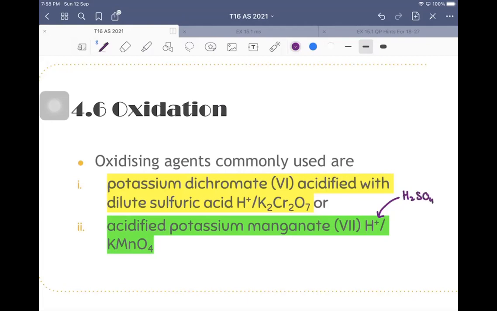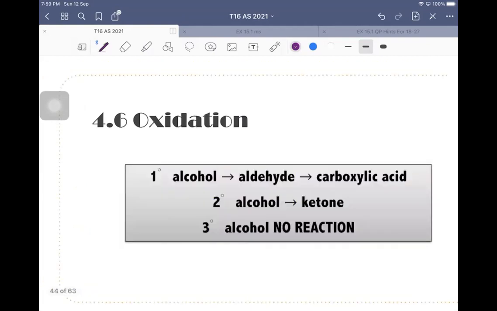So these are the two common oxidizing agents used to oxidize our alcohol, but what type of alcohol can be oxidized, okay? A primary alcohol can be oxidized into aldehyde first, and then later on oxidized to carboxylic acid, okay?